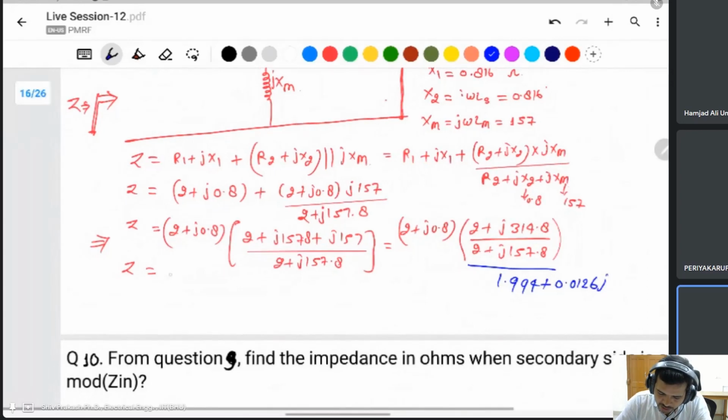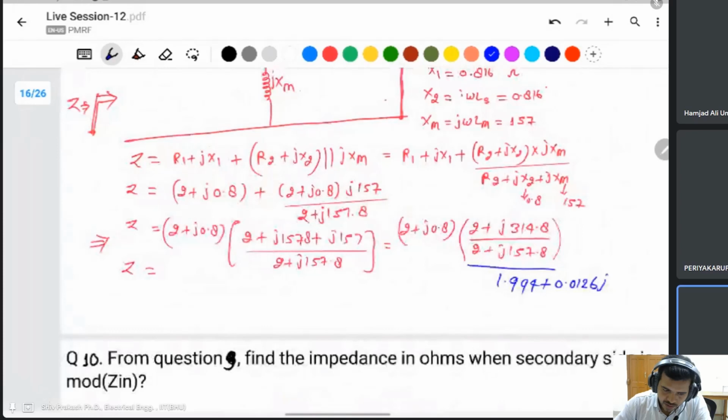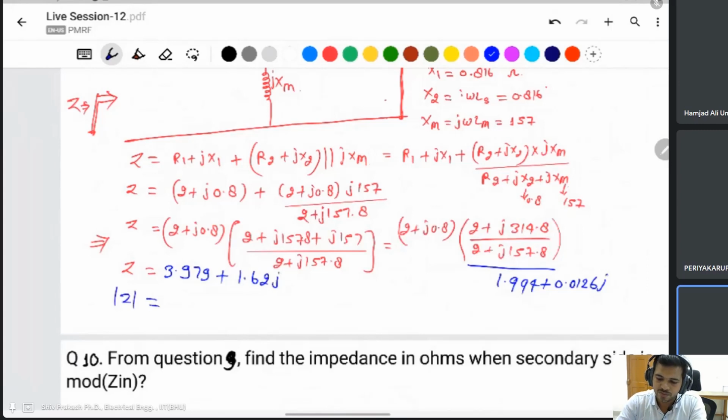This will be 3.9979 plus 1.62j, and the mod of this one is equal to 4.29, approximately 4.31.